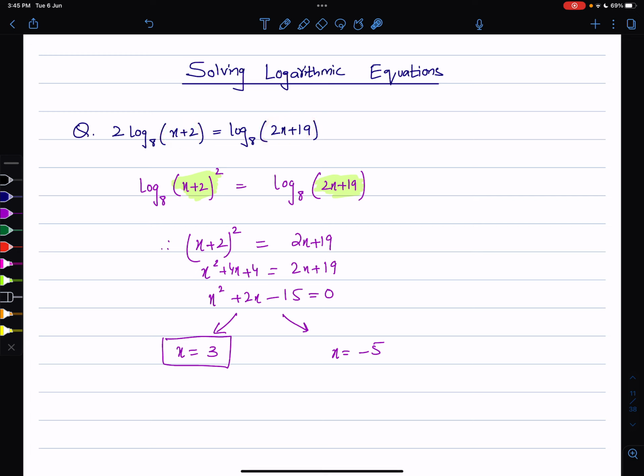So plugging in 3 over here will make it 5, and plugging 3 over here will give us 6 plus 19, that is 25, again a positive number. So yes, x equals 3 is the correct answer. But x equals negative 5 will make this number negative, so we are going to neglect this value. So the only answer is x equals 3.